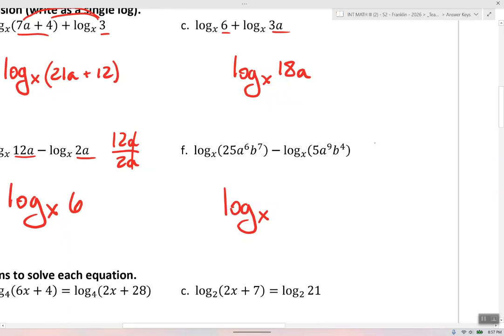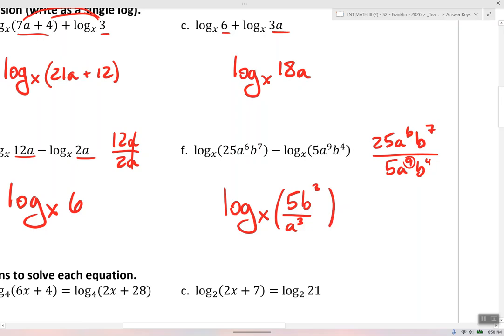But it could be helpful to write this out just in case they don't subtract easily, like this. So first of all, 25 divided by 5 is 5. Now we have a to the 6th and a to the 9th, but 9 is on the bottom. It's bigger, so we're going to have an a to the 3rd on the bottom here. And then 7 minus 4 for b. So you could put this in parentheses if you want, or just make it clear, but I think I'll put some around it. So there we go.